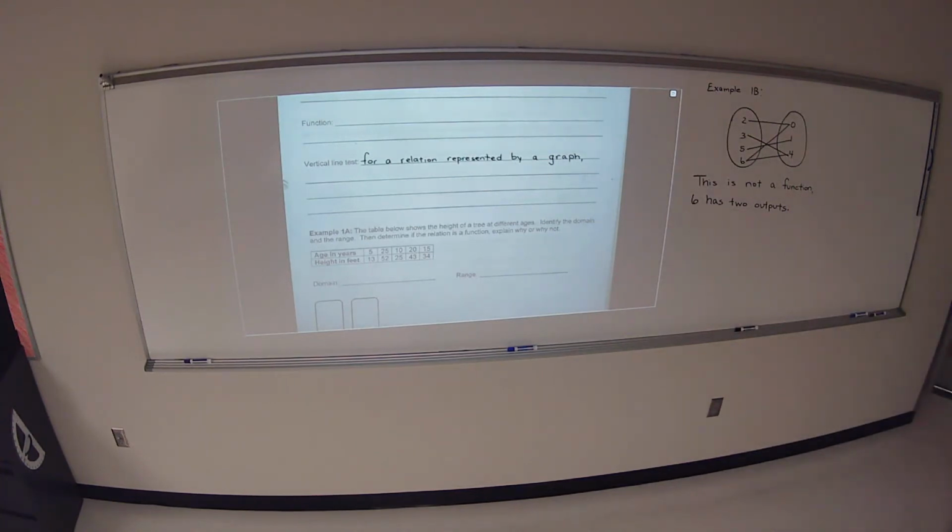This can only be used if you have a graph. You cannot use the vertical line test if you've been given a table. You cannot use the vertical line test if you've been given a set of ordered pairs. This only works if you have a graph, okay?